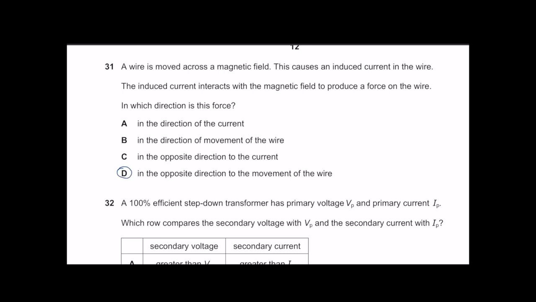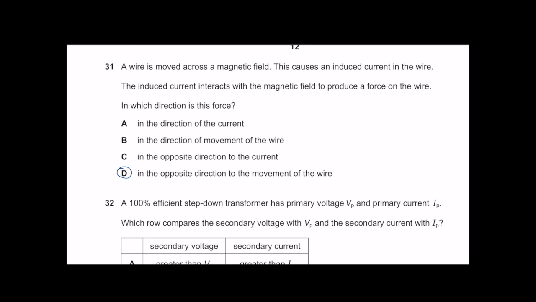Without any further explanation, I want you to understand: in the case of a generator, when I move the wire it will cut the magnetic field lines, then there is a current produced. Up to this moment, it's fine. And we can use the right hand rule to find out the direction of the current produced.